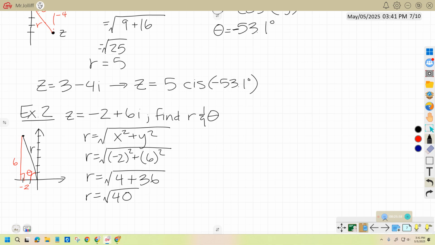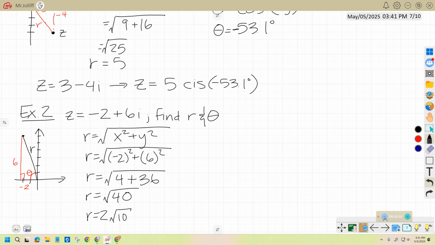And we're looking for the biggest perfect square that divides into 40. I'm pretty sure that it's 4. 40 is 4 times 10. What is the square root of 4? 2. So I think that my R value is 2 root 10. And I'm going to leave it like that because that's an exact value. If you convert it to a decimal, you're going to have a rounded decimal. Don't use sine or cos. Use tan when you go to find your angle.